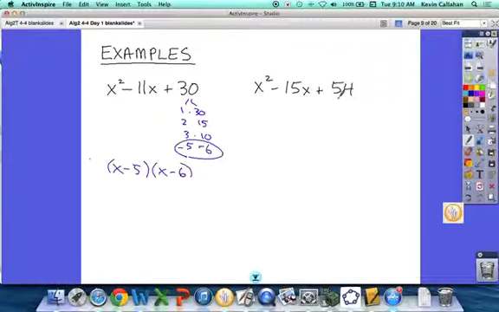So you can find the rest, but we're going to end up with 9 times 6. But because this is negative, it actually is going to be negative 9 and negative 6. So what is the factoring of it? X minus 9 times X minus 6. Done. Right? So if you know the multiplication table, it's a really easy process at this point.